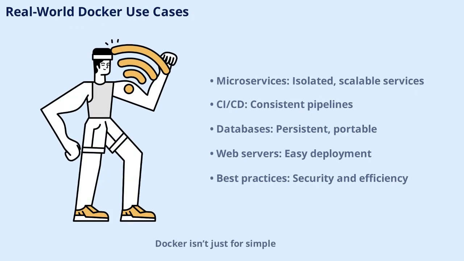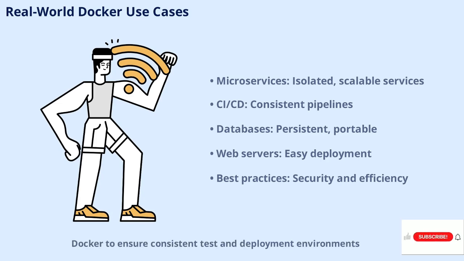Docker isn't just for simple apps, it powers real-world solutions across industries. In microservices architectures, each service runs in its own container, making scaling and updates easy. Continuous integration and continuous deployment (CI/CD) pipelines use Docker to ensure consistent test and deployment environments.